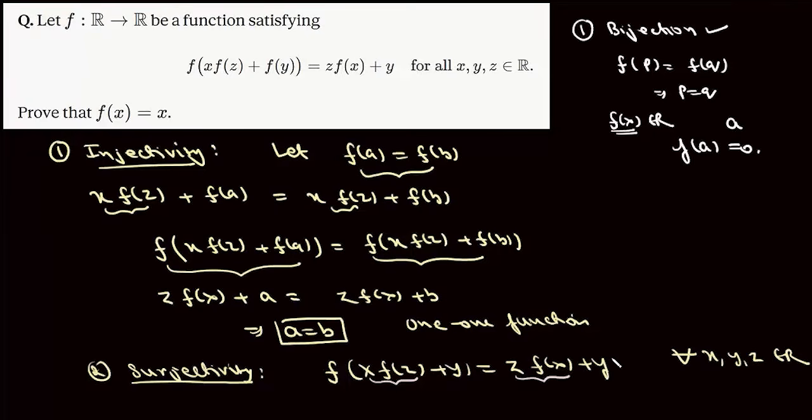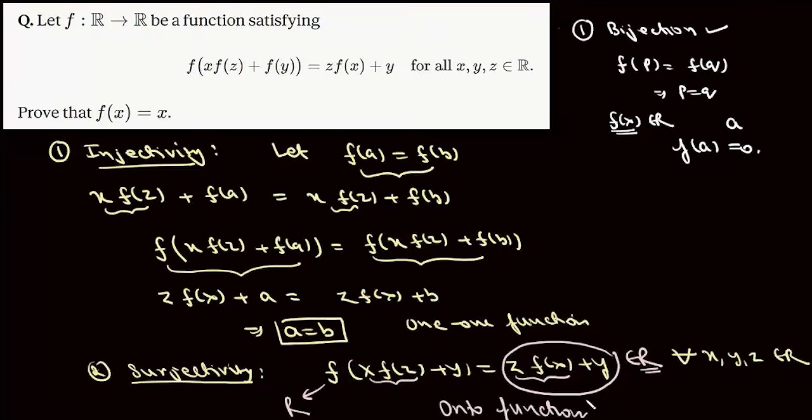Now here on the right hand side, y is going to take all the values from minus infinity to plus infinity since y belongs to R. So this RHS will take all real values. Basically this right hand side defines the values this function can take. So this function has a range R, and since range and codomain are the same, that means this function is an onto function.